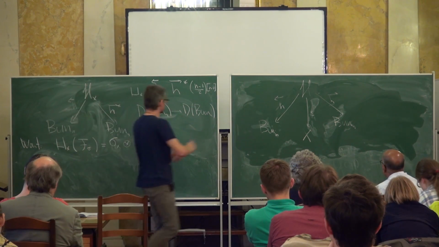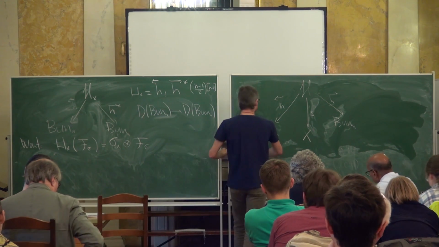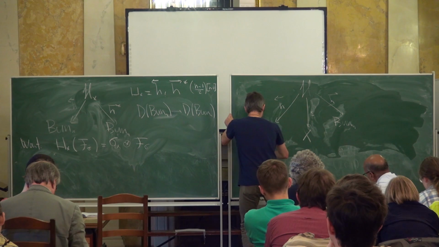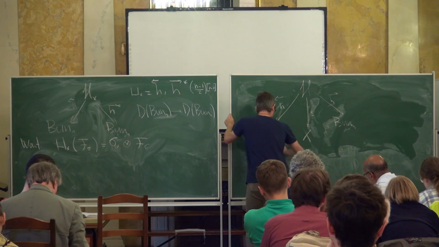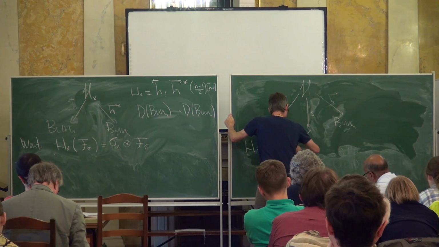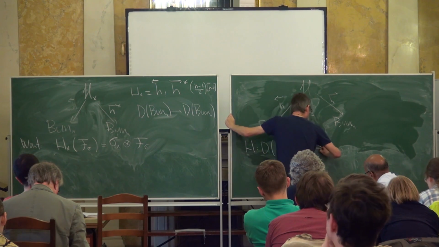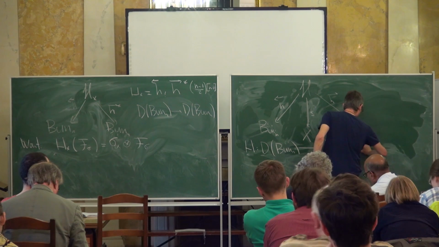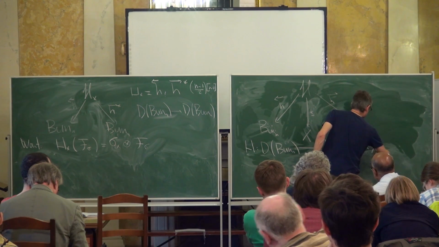And I'll now introduce a big Hecke functor. It will go from the category of sheaves on Bun_n to the category of sheaves on the product Bun_n times the curve.